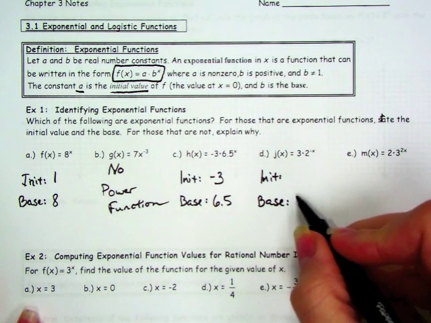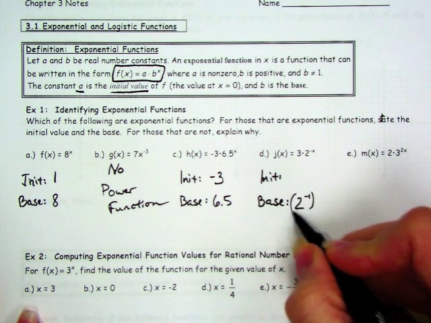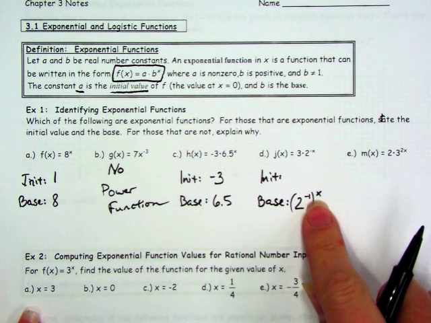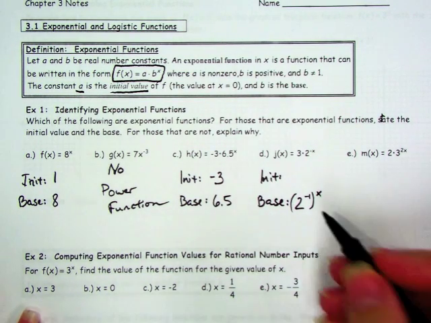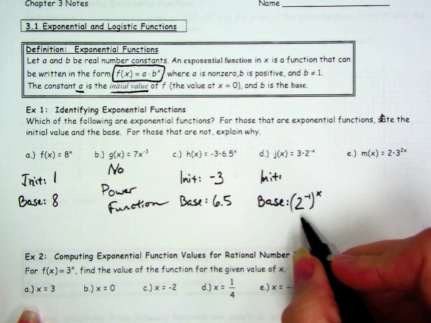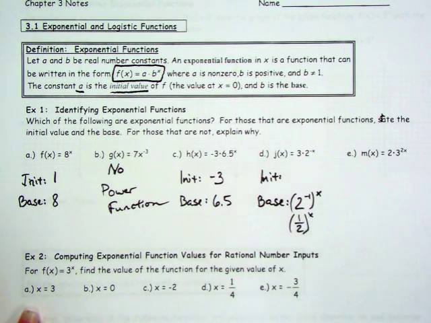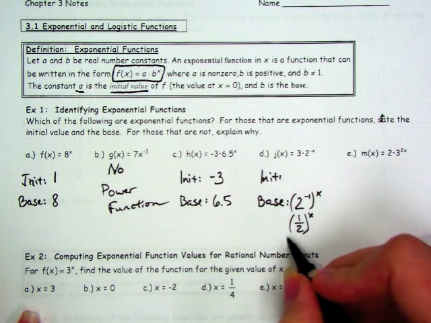So one way we can start by doing is writing this as 2 to the negative 1 to the x, remembering that when we have power to a power, we multiply our exponents. So negative 1 times x gives me that exponent of negative x. And so 2 to the negative 1, that's a reciprocal, so we have 1/2 to the x. And so all that work tells us that our base is 1/2.